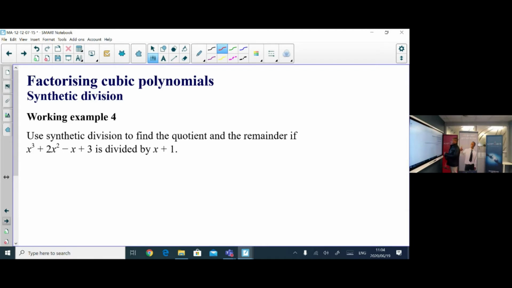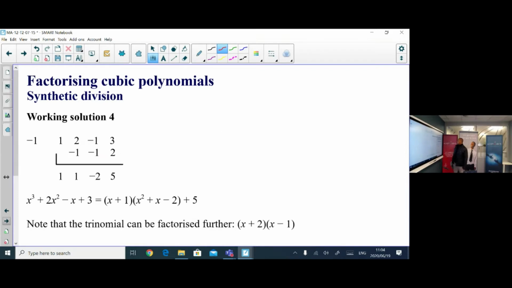So it's a complete solution at that stage, though you can actually refactorize again the quadratic part. Using the very same question, we also looked at how you can use synthetic division, and with synthetic division, you are sort of using a shortcut. You are a bit lazy to go through the long division, so you use the shortcut by taking the x plus 1, which is the divisor. So the root would be minus 1 if we were to equate it.